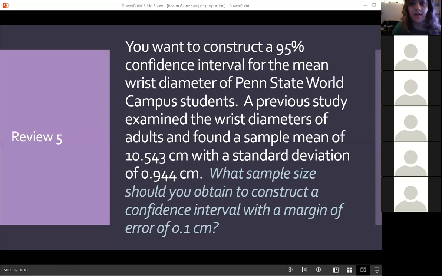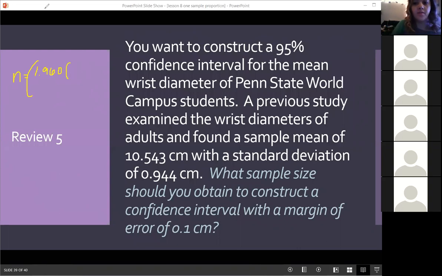Awesome job, Hannah. So definitely this is our equation to find our sample size here. Remember, we're going to use n equals our multiplier. In this case, you could use 1.960 or 2.